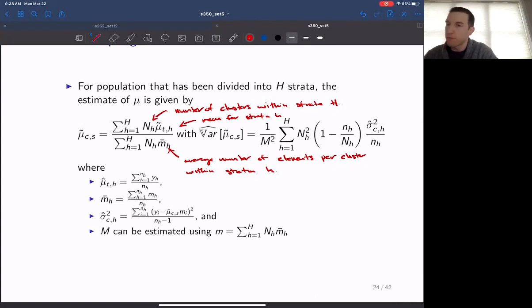So we have 1 over M squared, the total number of elements within the entire study, but we're going to estimate that using little m, the sum from h equals 1 to H of nh over little m bar h. And then we're basically just multiplying our FPC for the cluster sample by Nh squared, and summing across each of the different strata.